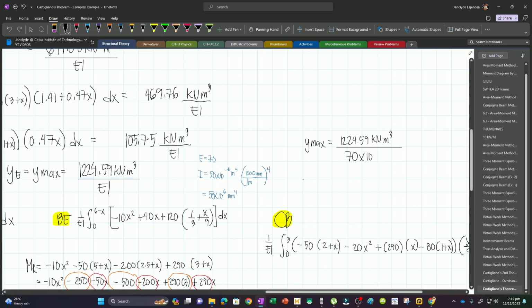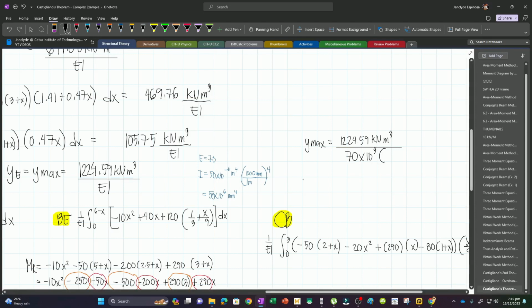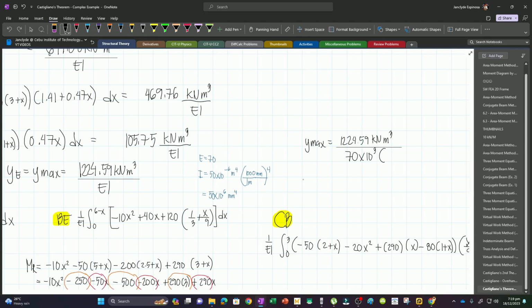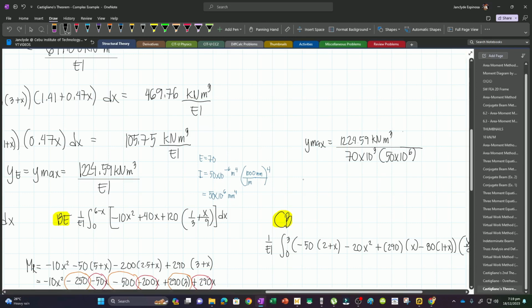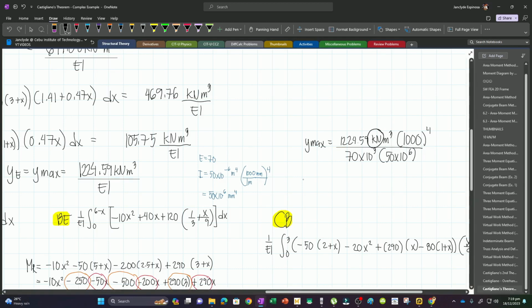So this will be 70 times 10 to the 3 to convert GPa to MPa, and then multiplied by 50 times 10 to the power of 6. And then to make this n mm cubed, we will multiply this by 1000 to the 4th. Again, m cubed should be multiplied by 1000 cubed, and then kn should be multiplied by 1000 so that it will be n mm cubed.